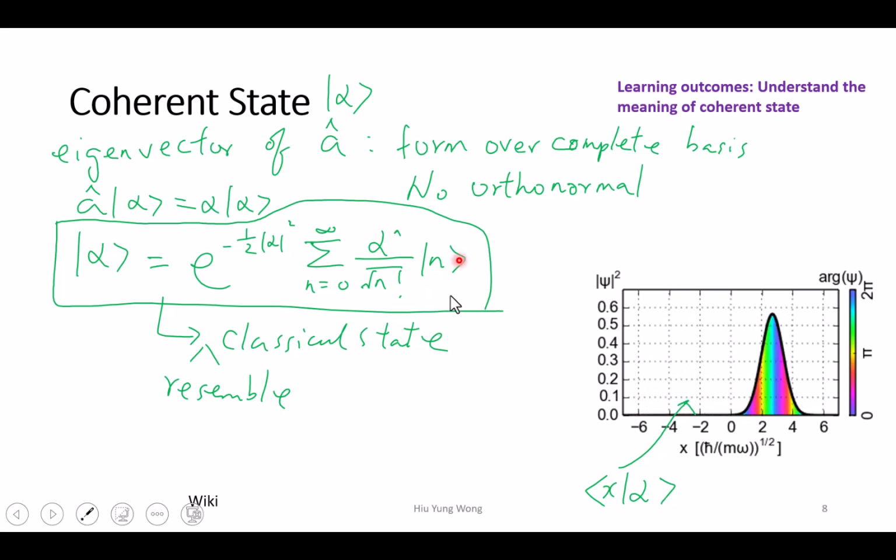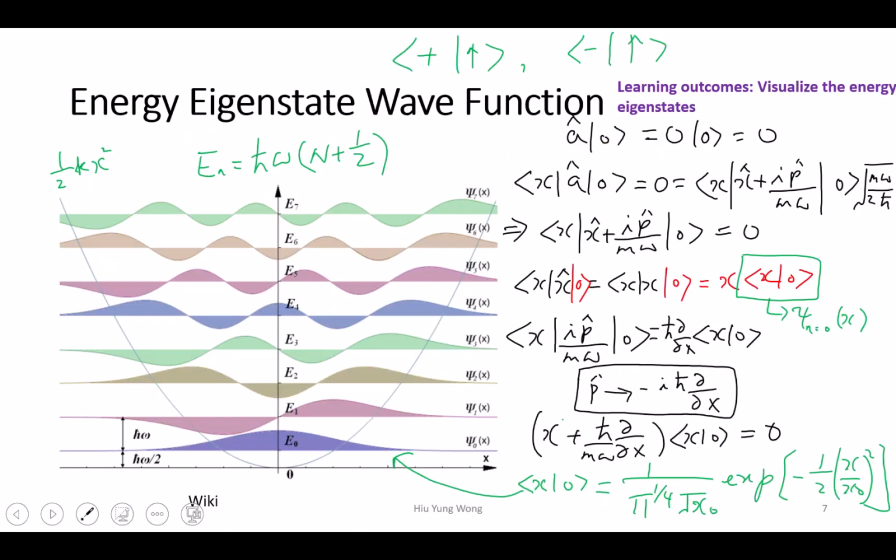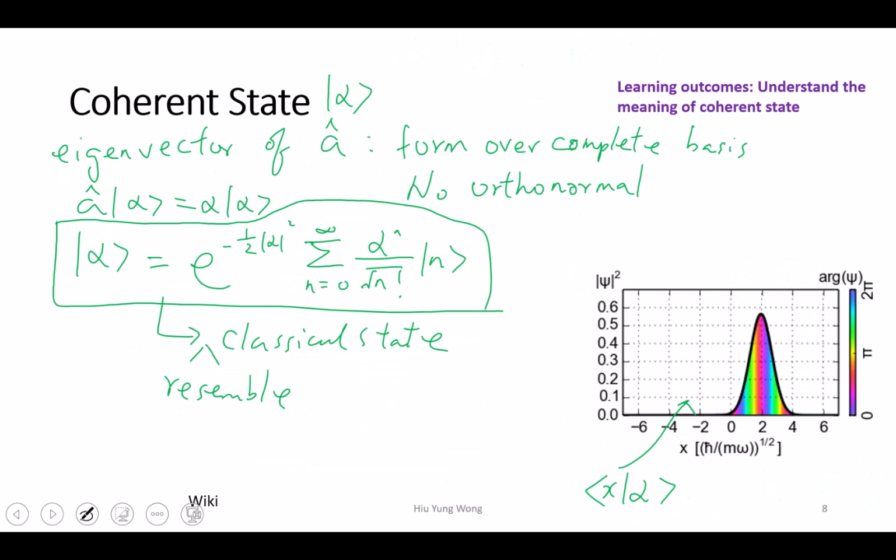So here you need to put it in, because for each of the n, assuming no time dependence here, each has a different omega. That is how you oscillate. Each of them will have a different e to the power negative i omega times n plus half.